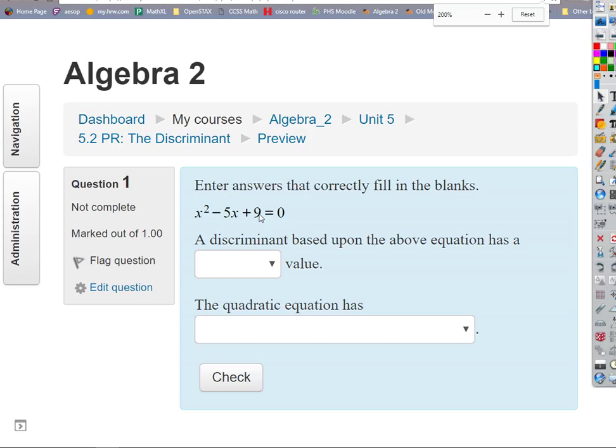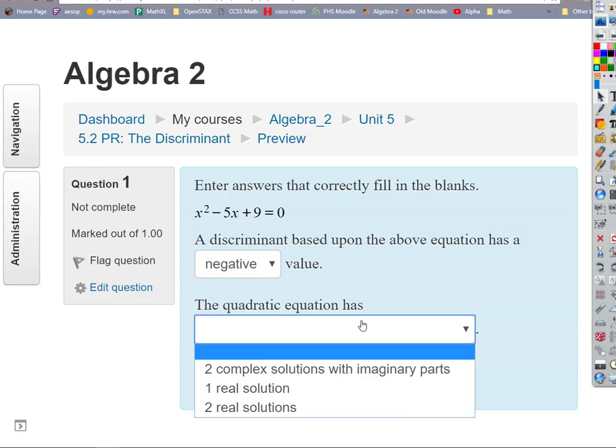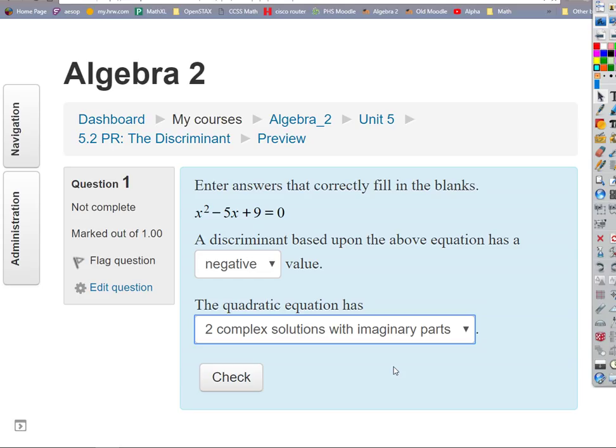Positive or negative? Negative. You don't even have to know what the answer is. We know it's negative, and if the discriminant's negative, which one has to go with that? The one with imaginary parts. It might also say something like 0 real solutions. That would have also been the correct way to do it.